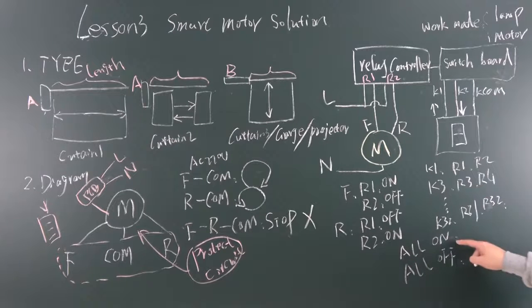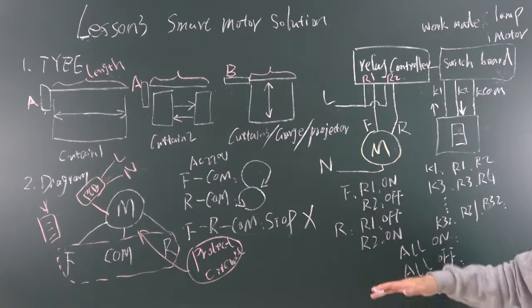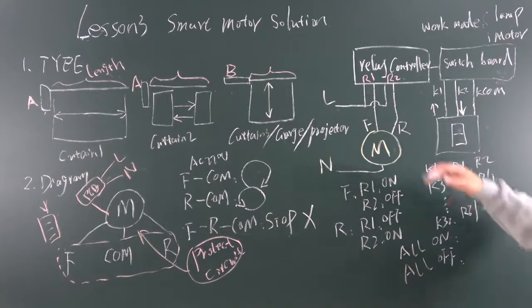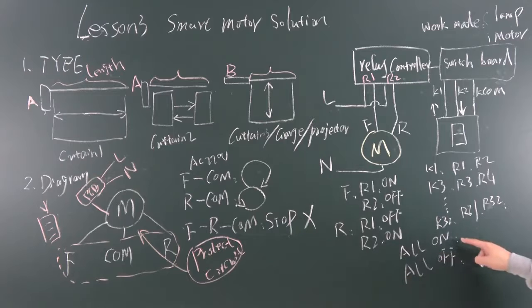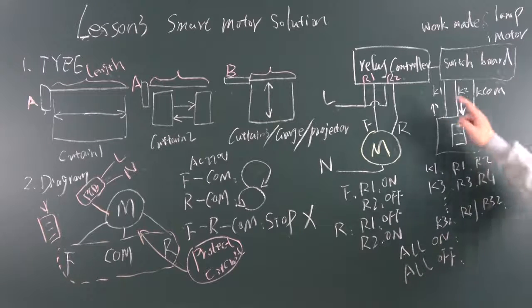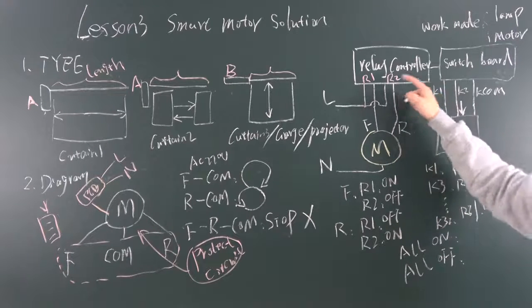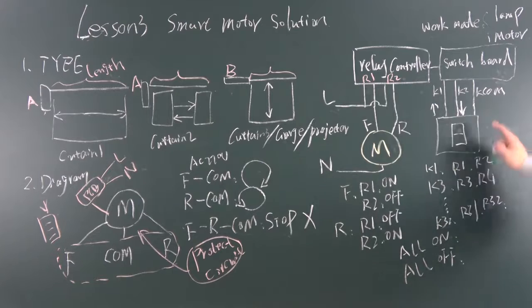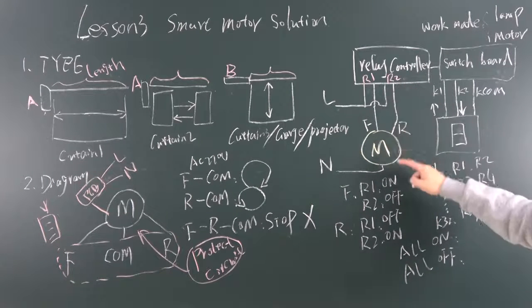Just you can control all motors up and all motors down by 1 button. You can just control all motors connected with the controller. So this is how to use the manual control switch panel to control the relay and the motor.